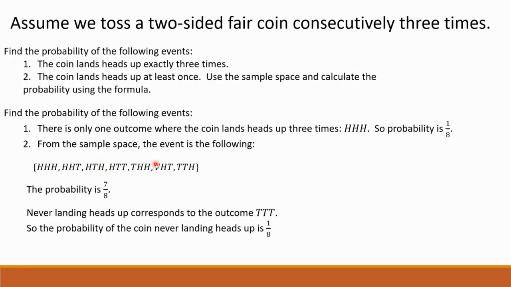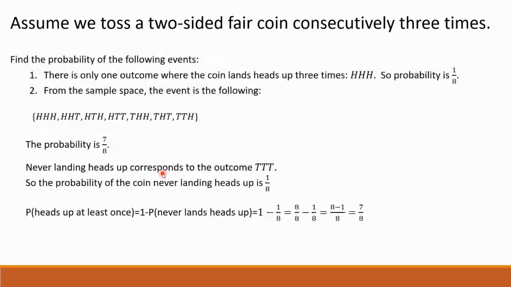Now, the other way to obtain it, going to the next slide, is we can use the complement. That is, we can use the formula 1 minus. Instead of finding the probability of at least once, we could find the probability of it never happening and then subtract it from 1. So we find the probability of it never landing heads up.